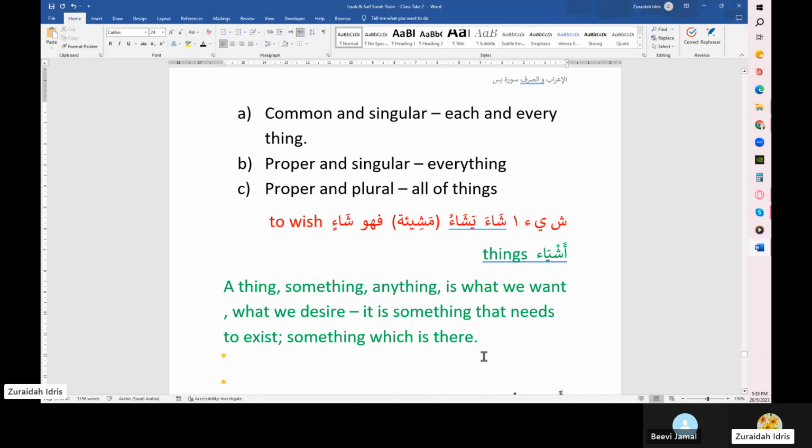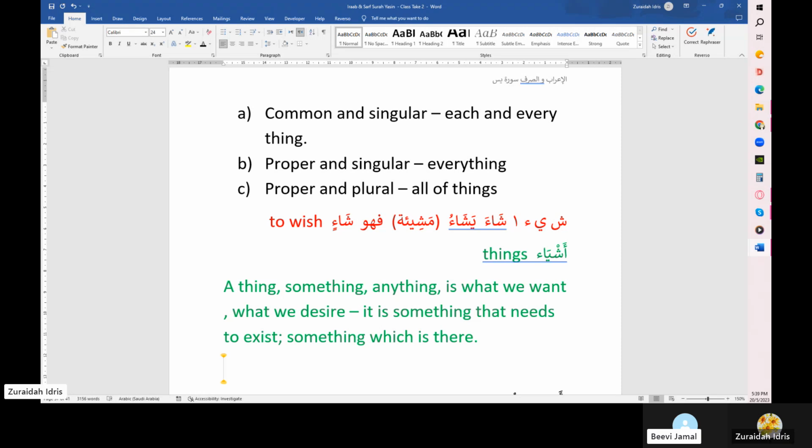So if we want to say we want something, how would we say it? What's the verb for that in Arabic? In Arabic, we use Nuridu, and also the word sha'a. So how do we say we want that thing?